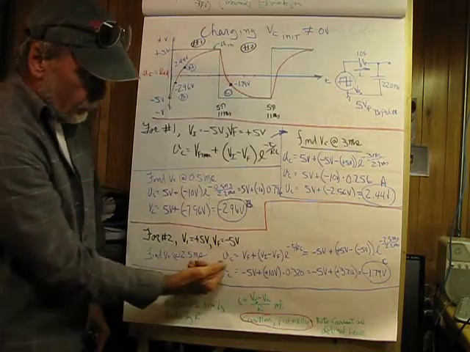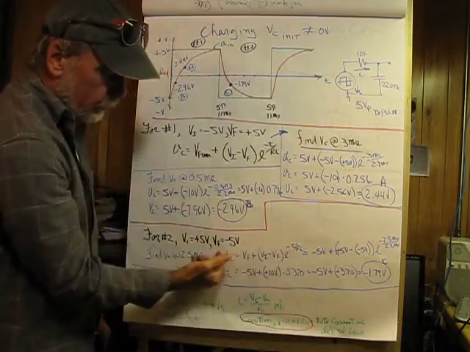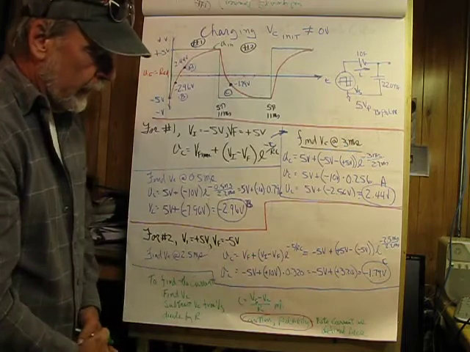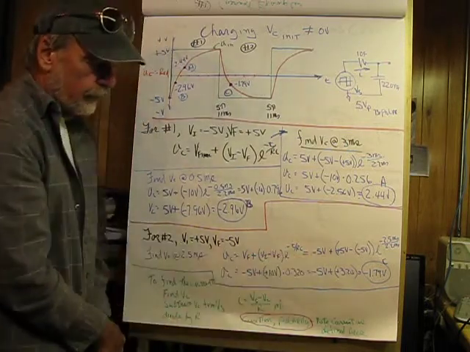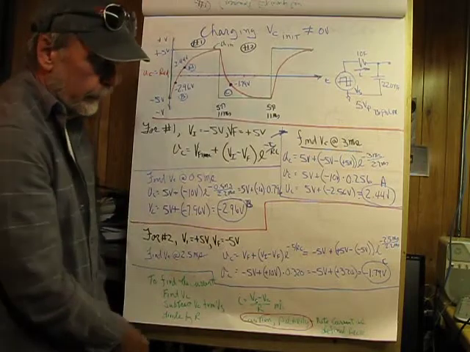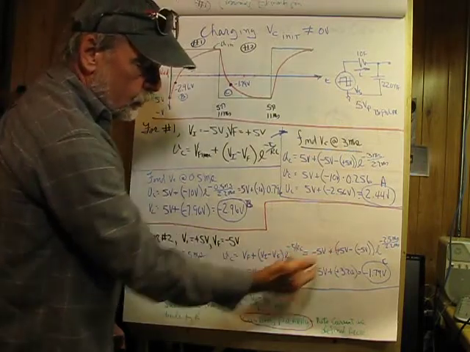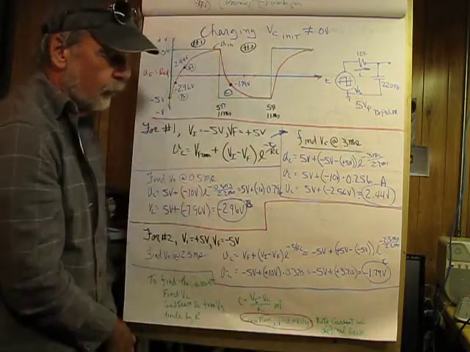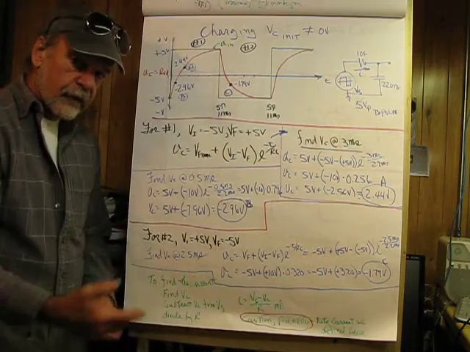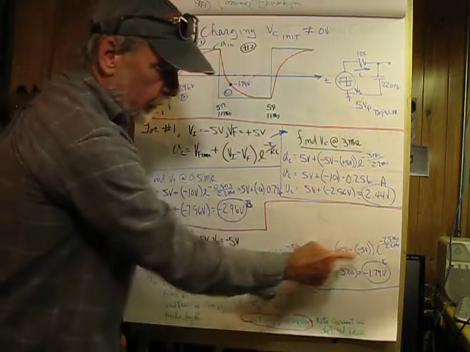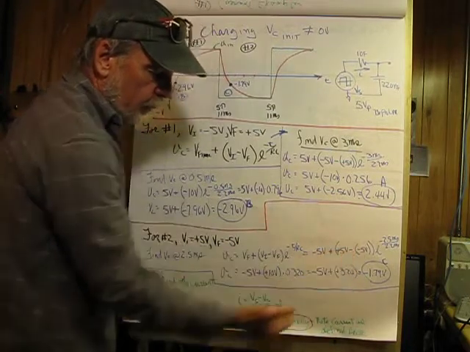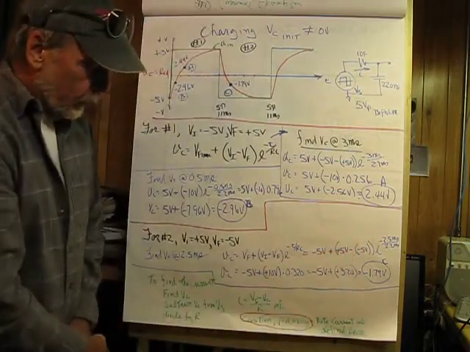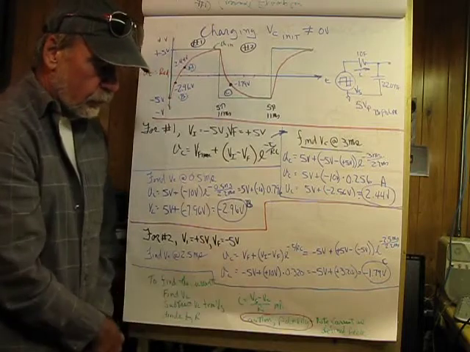So this is our general equation here, as we've seen before, and now we're going to populate it. And our final voltage is going to be negative 5 volts, and we're going to add to that the initial voltage, which is plus 5 volts, minus the final voltage, which is negative 5 volts. So we're subtracting a negative 5 from a plus 5, and what that gives us is a plus 10 volts.